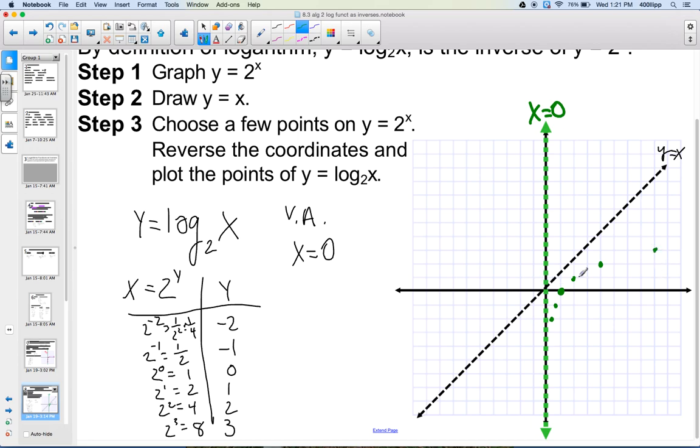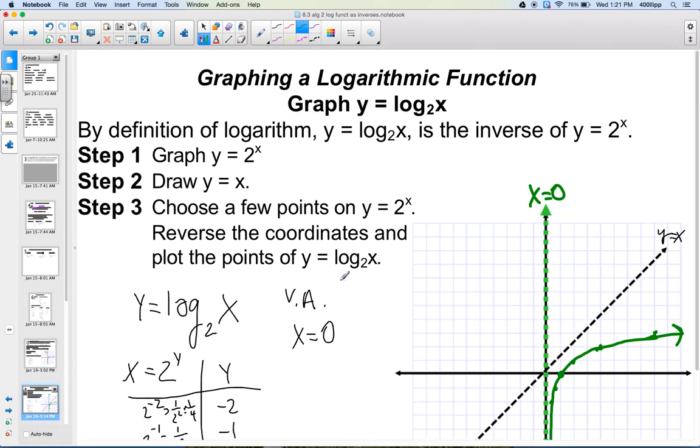Right here. Okay, and then we can draw this in here, showing that it's going to be approaching my vertical asymptote. And that graph is a little bit better. And that's how we graph logarithmic functions.